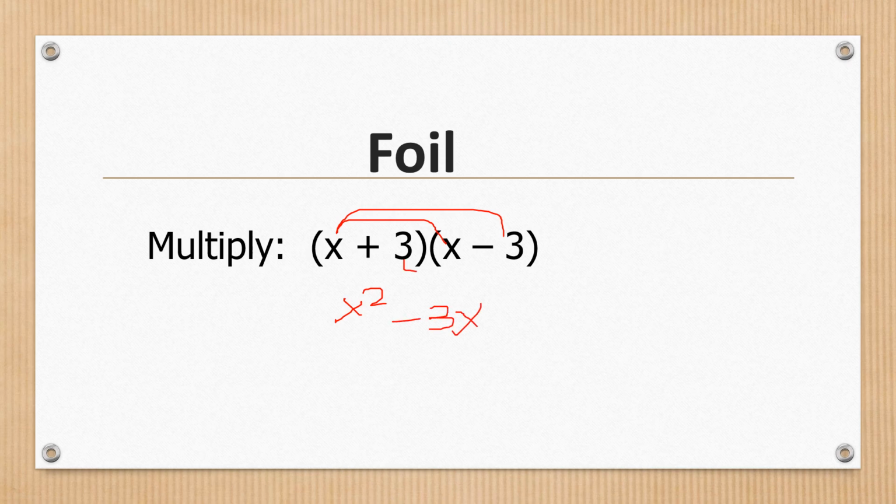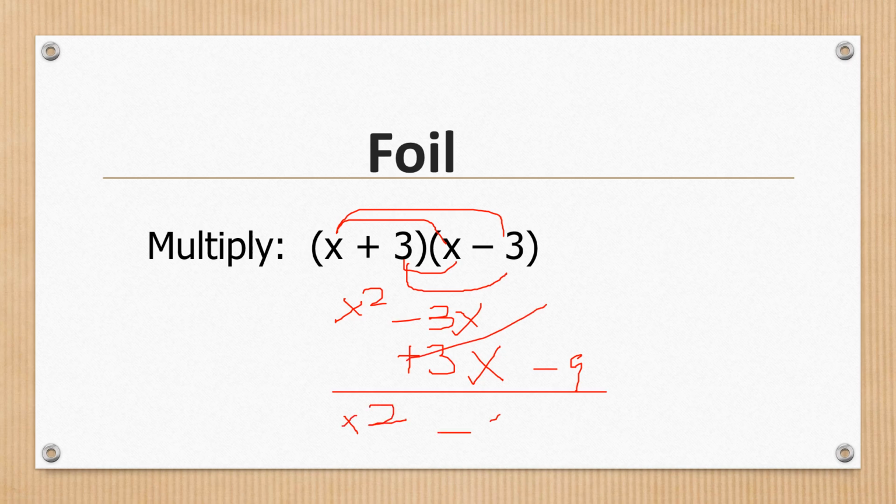The inner term is 3 times x, that is plus 3x. And the last term is positive 3 times negative 3, that's negative 9. So we got here x squared, the middle terms cancelled, so that's negative 9. Okay? That's the correct answer.